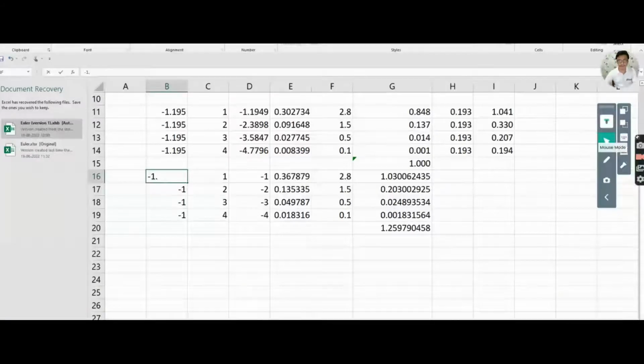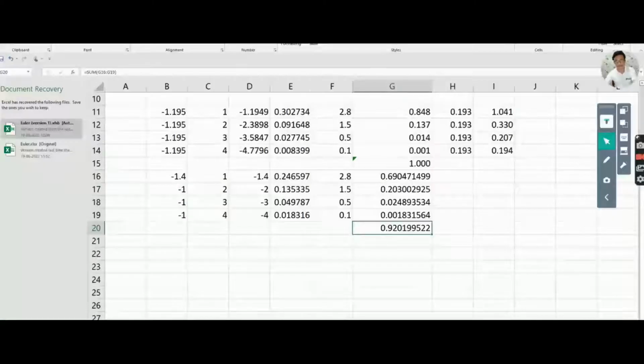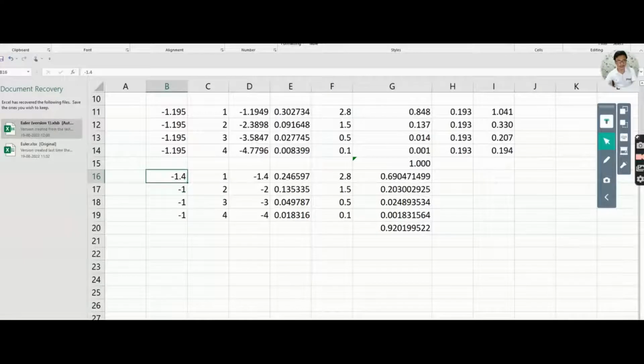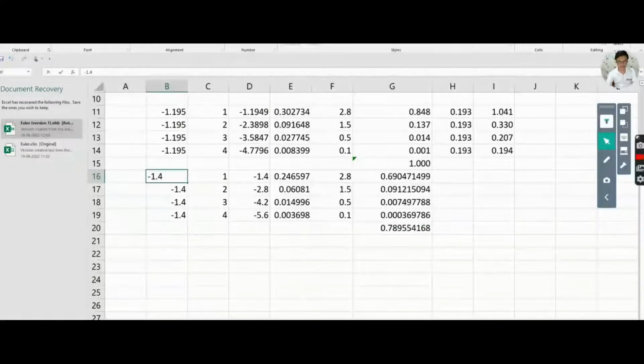Suppose I try 1.4 randomly. This has come to 0.92, which is less than 1. If I use this whole thing, it is 0.7. I cannot get 1.0, so I have to take something less than 4.